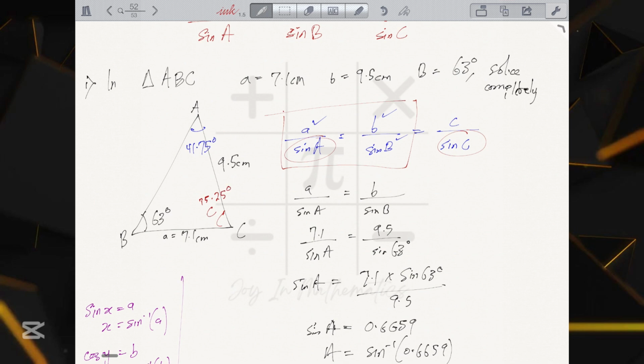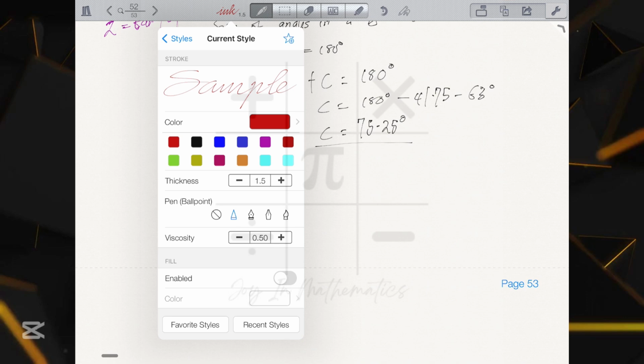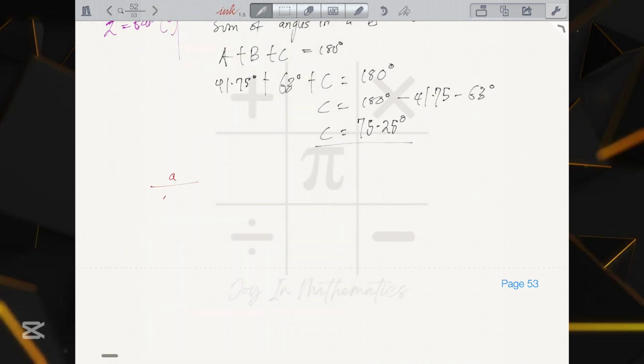Now the next thing to do is to find length C. So let's write out our concept again of sine rule. A divided by sine A is equal to B divided by sine B is equal to C divided by sine C. Now we are looking for C, and apparently we have everything else.